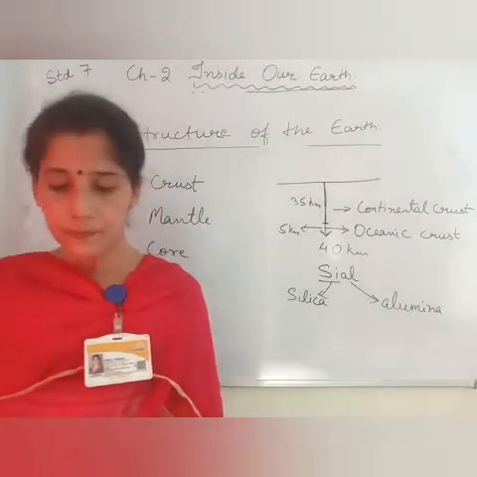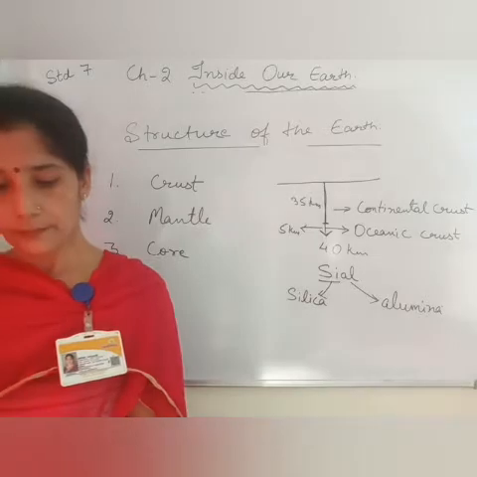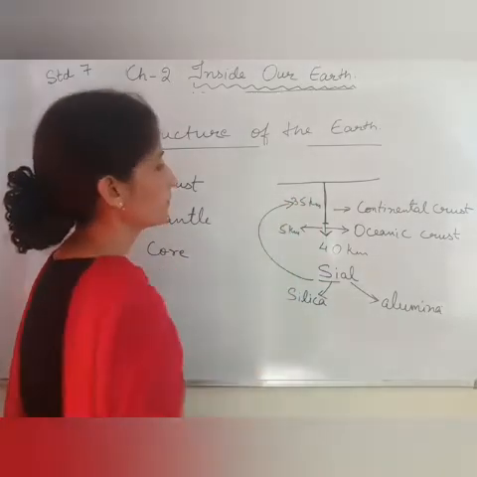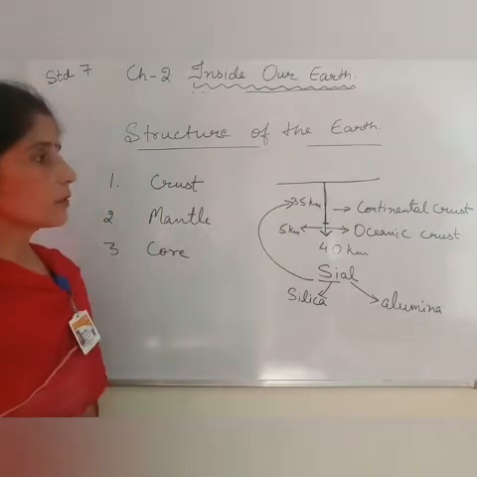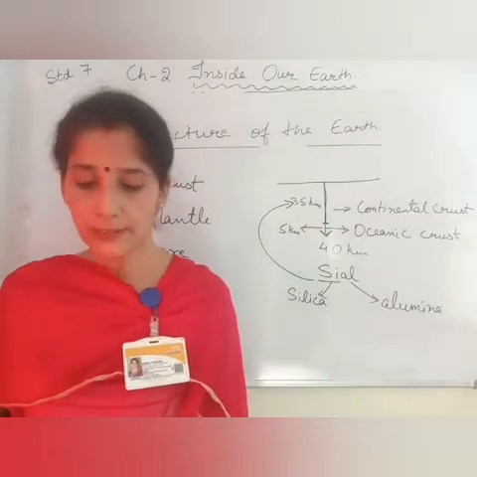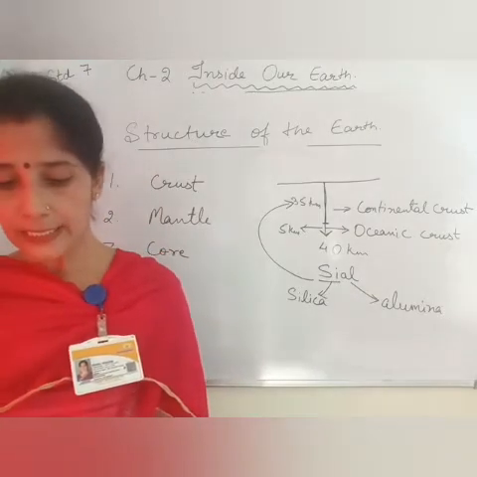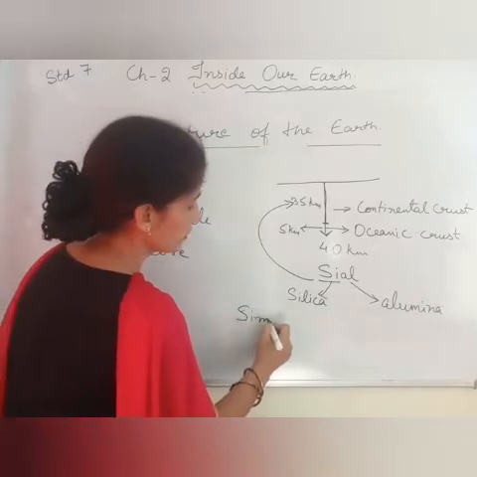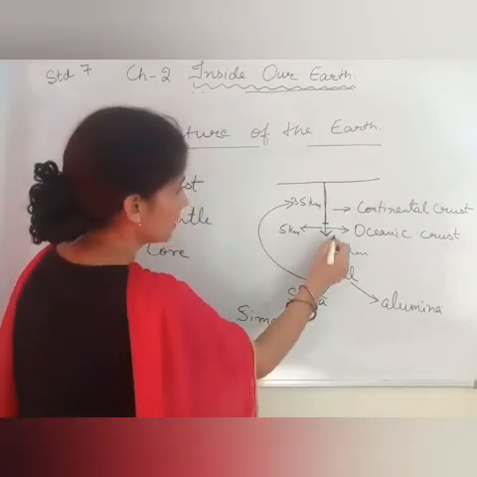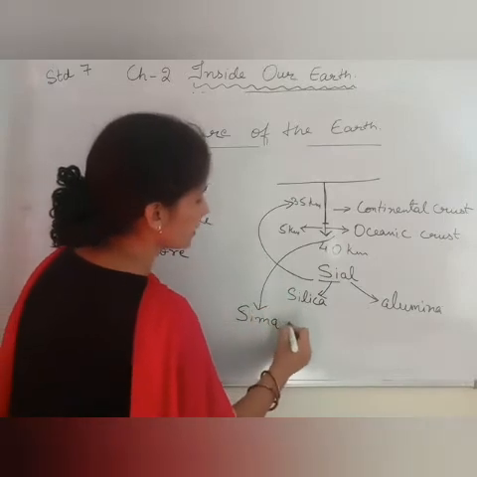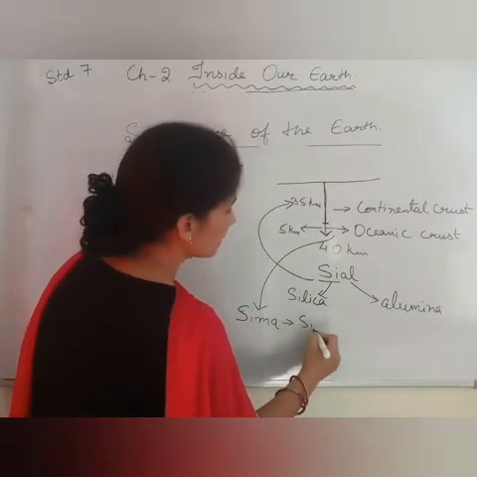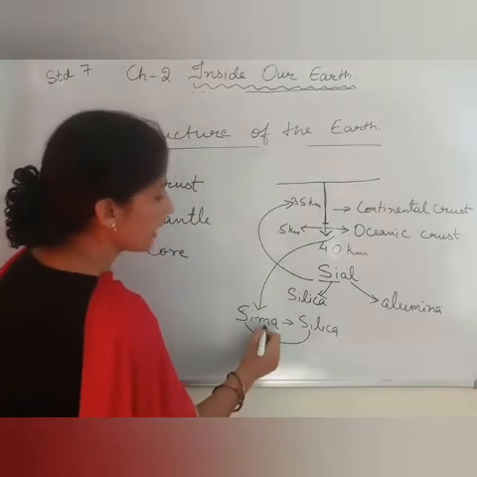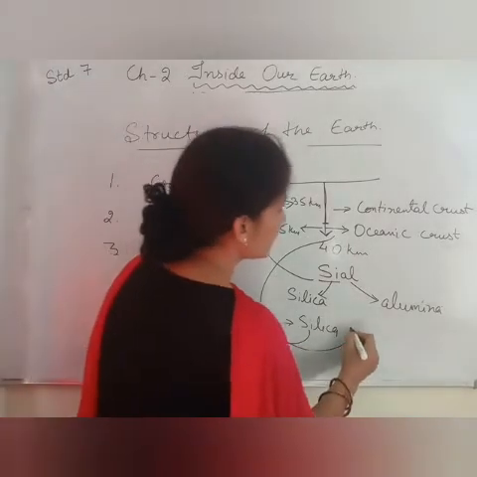The oceanic crust is made up of silica and magnesium, that is SiMa: Si for silica and Ma for magnesium.